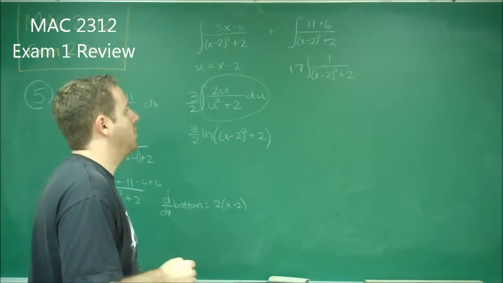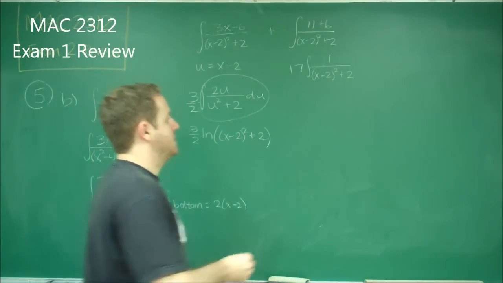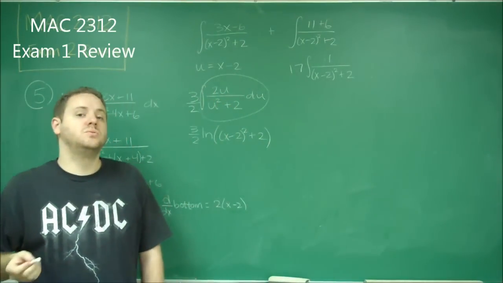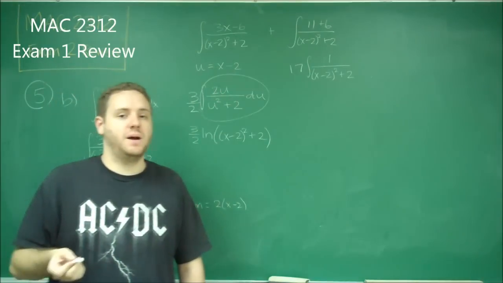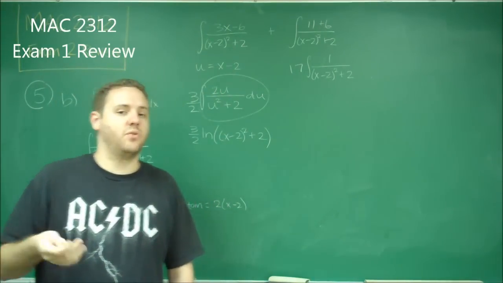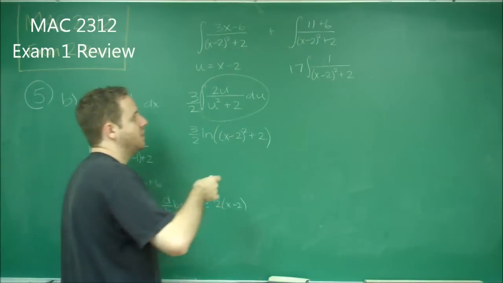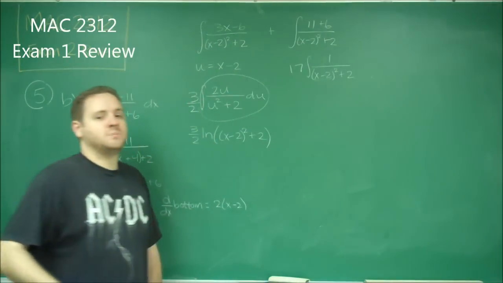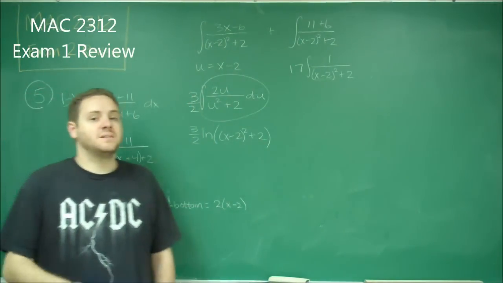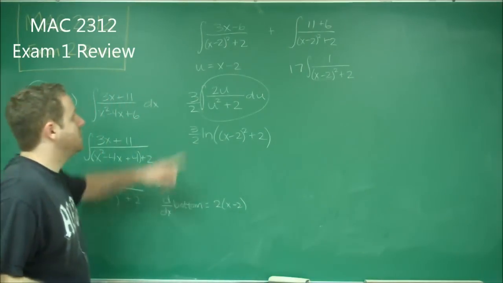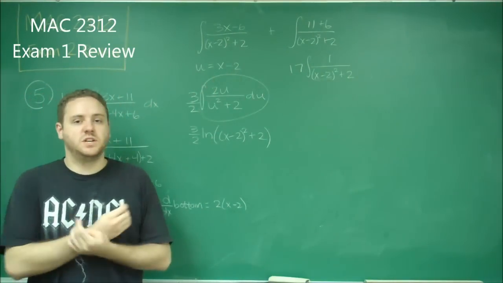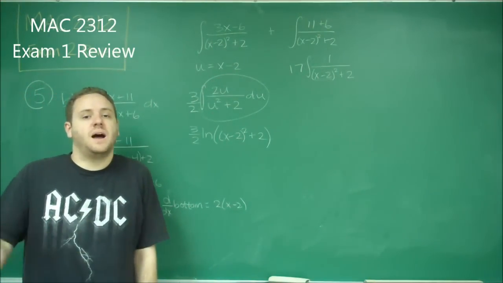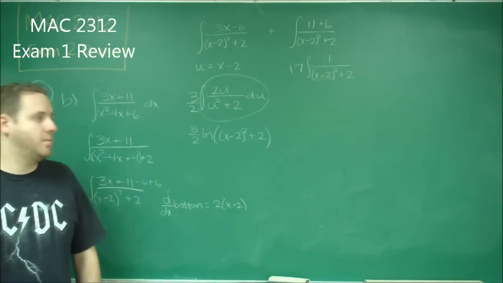But remember, you have a couple of rules for the arctangent, because if this number that you're adding is not 1, you have to use the square root of that to divide by everything. That's called the a in that formula that you probably remember. The other thing is, instead of x squared, we have x minus 2 squared. But that doesn't change anything for the same reason that this substitution really doesn't change anything. The derivative of x minus 2 is just 1, so it's not changing anything else about the problem.